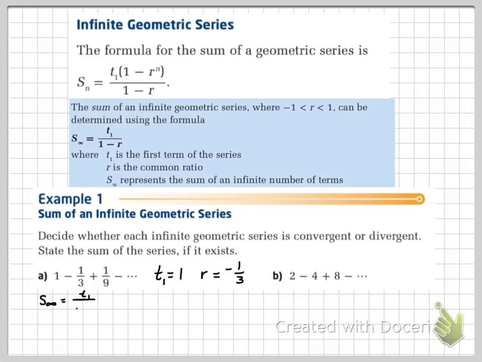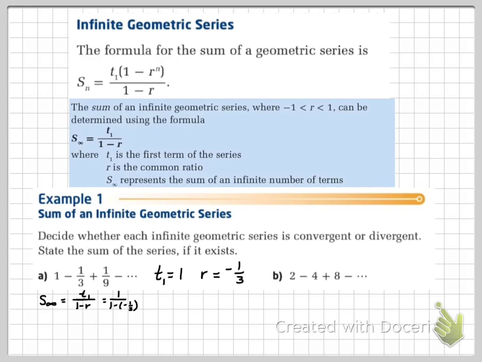So the sum, as we approach infinity, is term 1 over 1 minus r. Term 1 is 1, and 1 minus r is 1 minus -1/3.